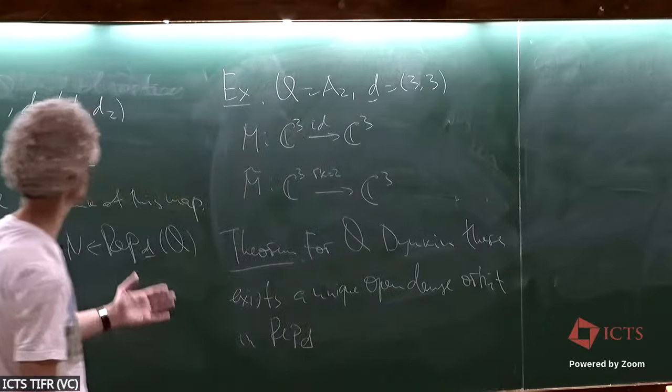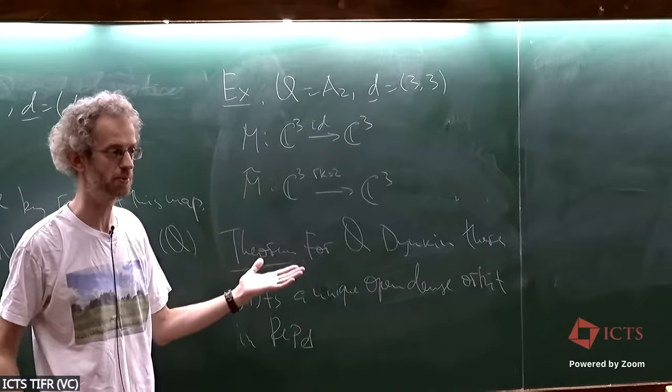So it means that we see here that if we take a generic map, it's going to be just an isomorphism.